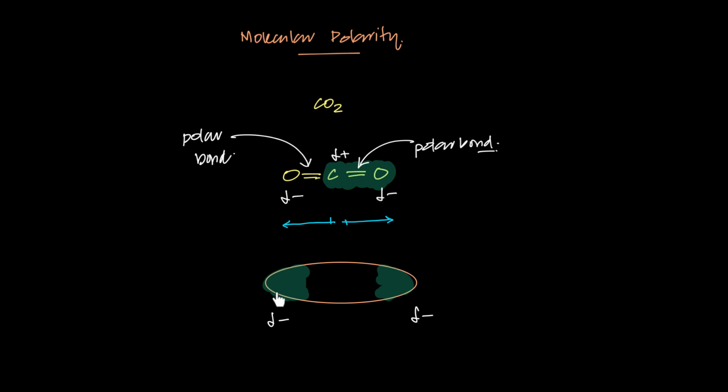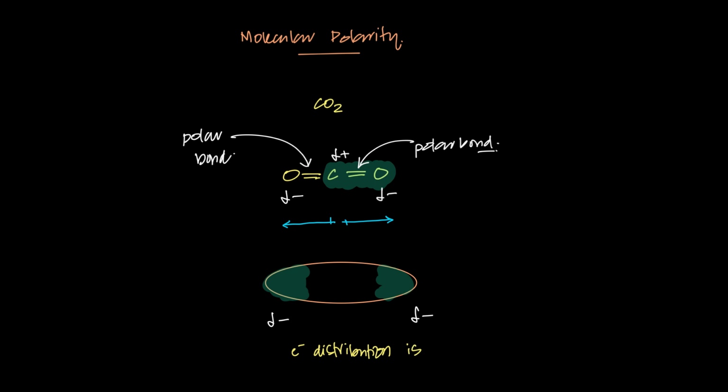So when I look at the electron cloud of CO2, I'll see there's electron density here, there's electron density here, and there's less electron density here. This is the overall molecular polarity.